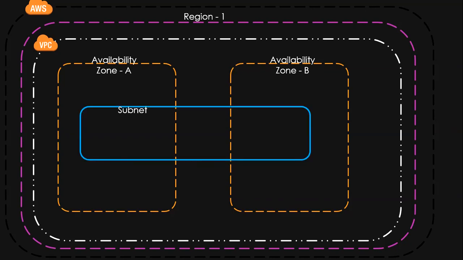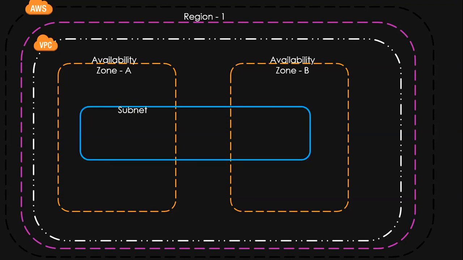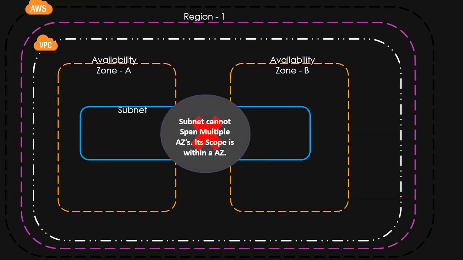I'm highlighting that spanning subnets between availability zones is not allowed. You have to be very clear. A subnet cannot span multiple availability zones. Its scope is within an availability zone. AZ stands for availability zone. These are the things you have to be very clear about to understand the VPC concept.